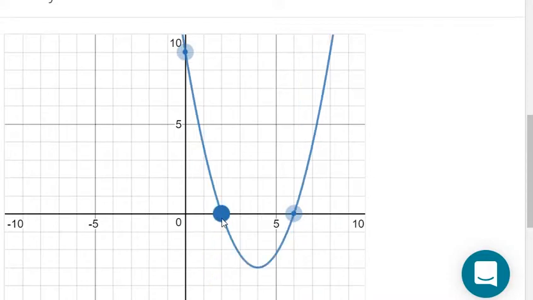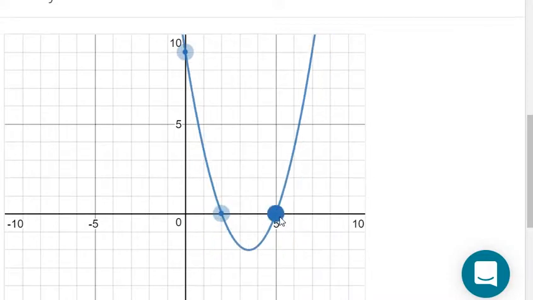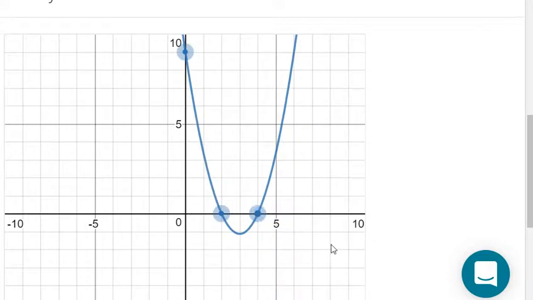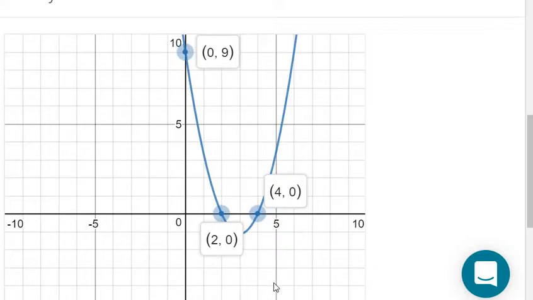So there's one at 1. Now it's at 2. And that one's at 4. So I think we're looking pretty good. We've got this point here. If I click on it, it gives me 0, 9, 2 and 0, and 4 and 0. So all of them are looking pretty good. There's one other point that I can use to check this.